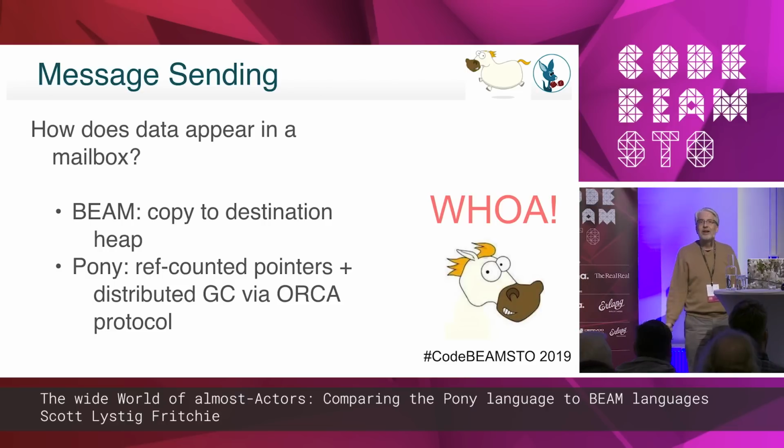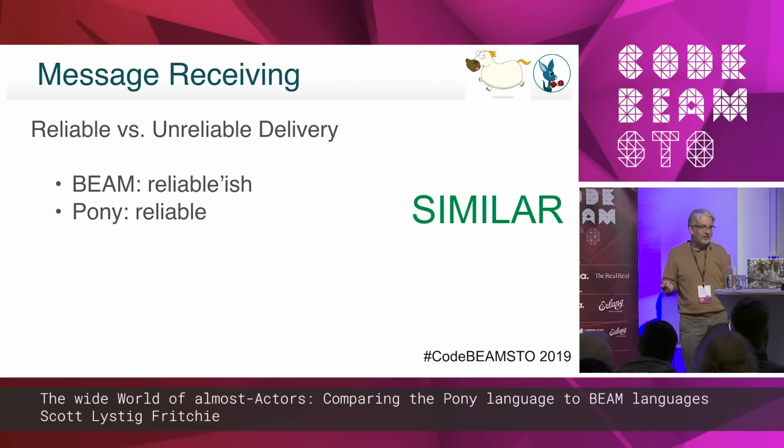Is message delivery reliable? If we consider the single machine case, and if we ignore details in Erlang, for example, if you send to a registered name and the PID behind that registered name is dead, then you get different behavior. But if we ignore those details, both systems have reliable message delivery.